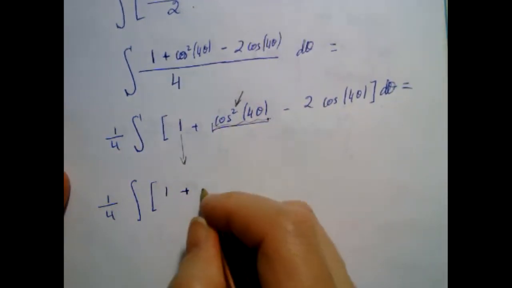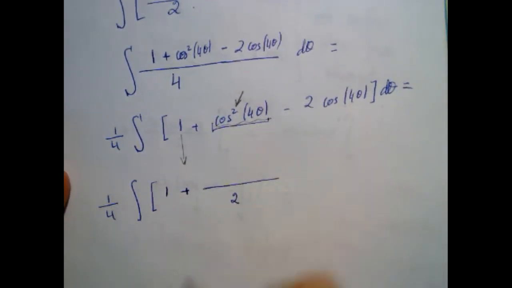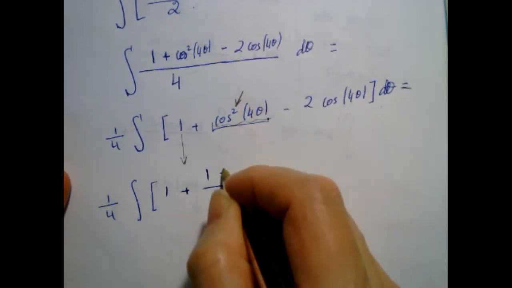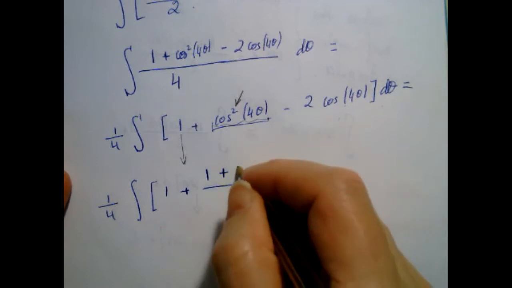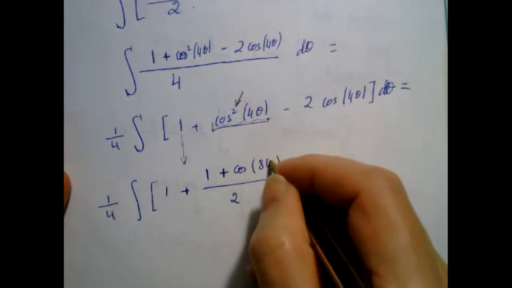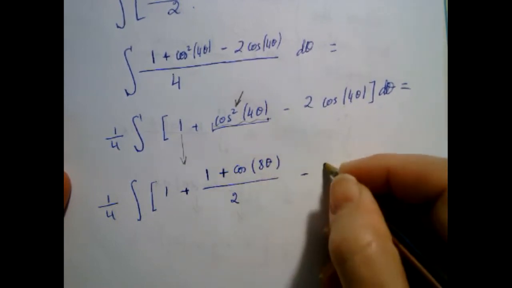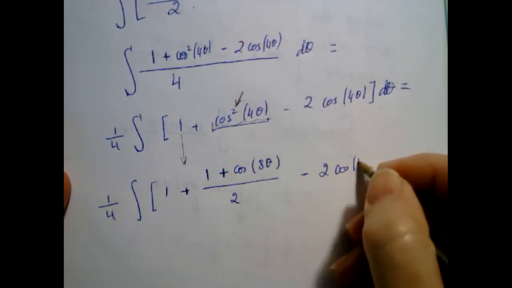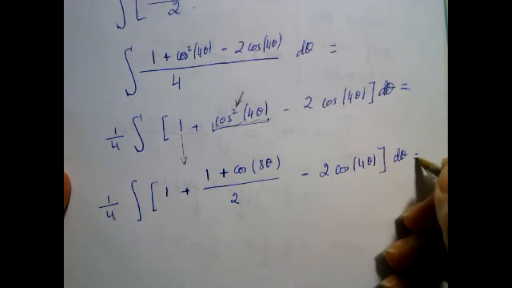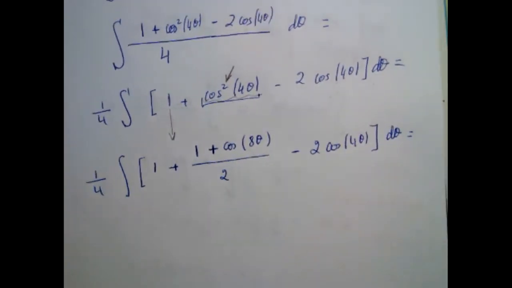So this is going to become the following. We're going to use it again: 1 plus cosine of 8 theta, minus 2 cosine 4 theta, the whole thing d theta. Now I will wrap up everything.